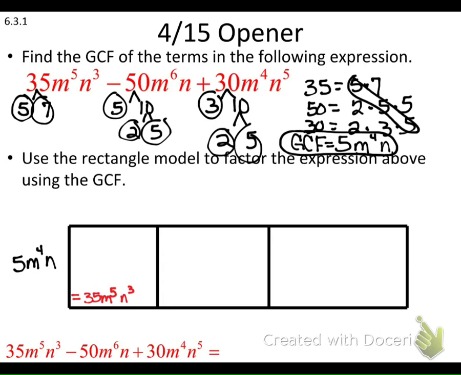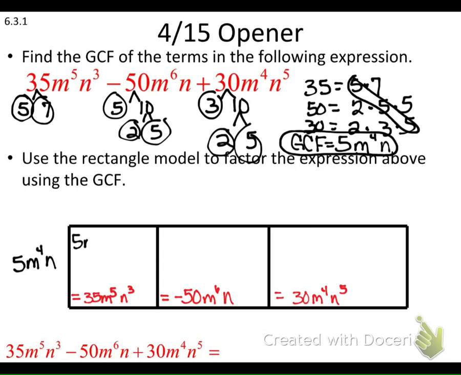Then my second area, 50, and my third area, 30. So what am I trying to find here? The width. Good. So if we're trying to find the width, I already have the height and I have the total area. So I'm going to go ahead and write the height in each of my rectangles. That way it helps me find my width a little bit easier.